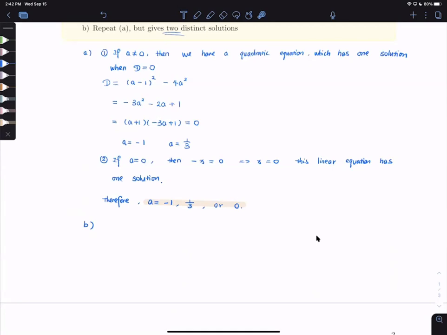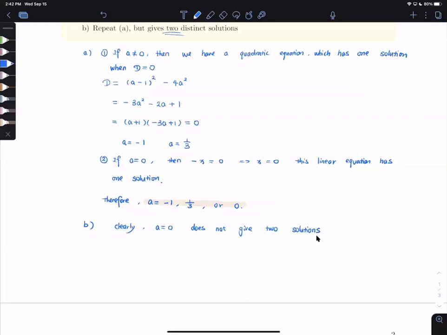So for B, you want 2 distinct solutions. So what do you want your discriminant D to be? So clearly, A equals 0 does not give two solutions.